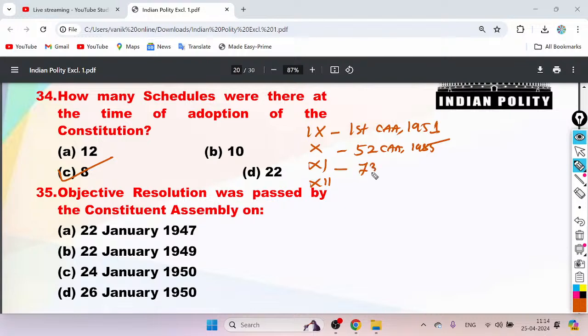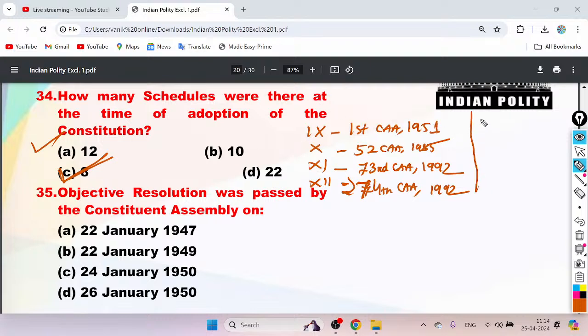XI schedule was added by 73rd Constitutional Amendment Act 1992, and XII was added by 74th Constitutional Amendment Act 1992. So originally we had 8 schedules. And who can add a schedule?